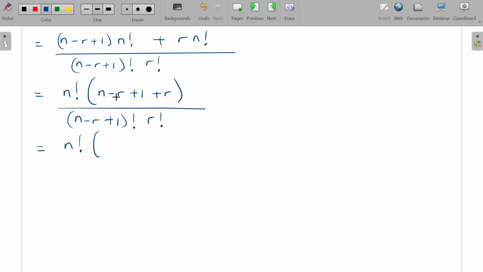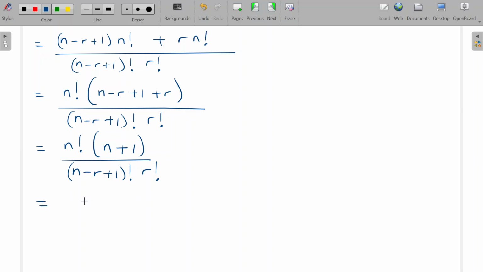Okay, then this, you're going to get n factorial. So it's going to be n negative r plus r, which will be 0. So I'm going to remain with n plus 1 over n minus r plus 1 factorial r factorial. That is what I'm going to have now.